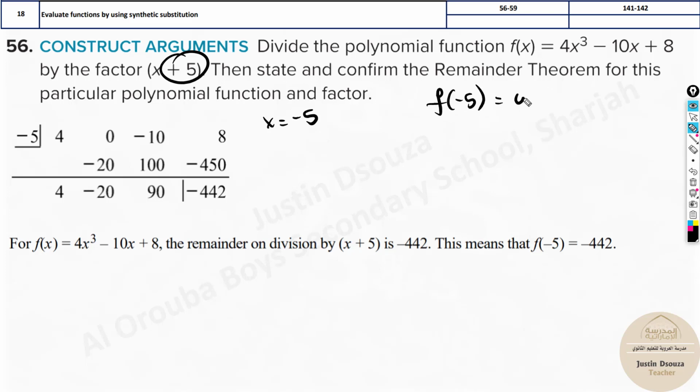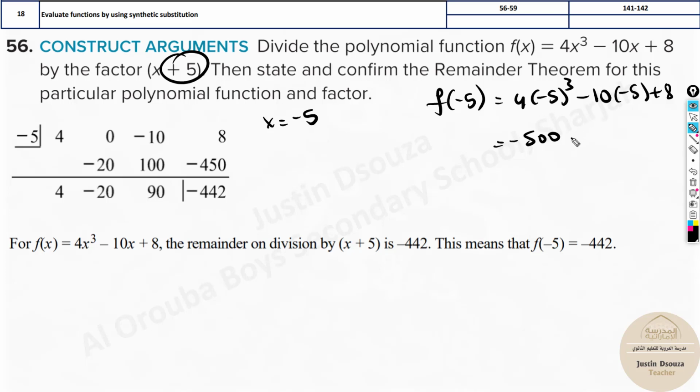Instead of x everywhere, it will be 4 times minus 5 the whole cube, minus 10 into minus 5, plus 8. You can use the calculator and substitute directly, or you know 5 cubed is 125. 125 into 4 is 500, so minus 500. Now, whenever it's squared, it will become positive, but if it's an odd power, the negative remains.